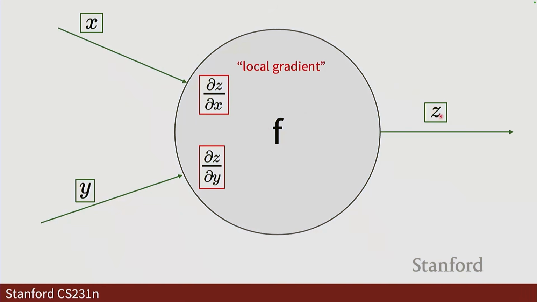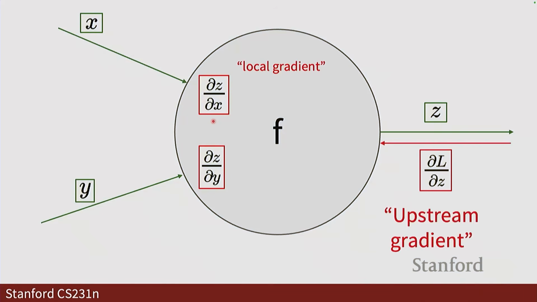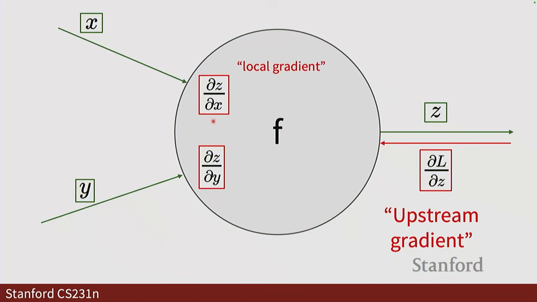So the gradient of output with respect to each of the inputs is easy to calculate for every single node. And what we need to be able to backpropagate is the upstream gradient, right? The backpropagation process is giving us the power to get this upstream gradient step by step. So when we are at this node, we also have the upstream gradient already calculated from the future nodes.